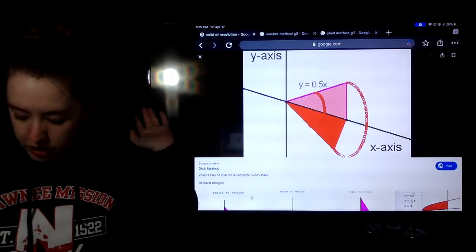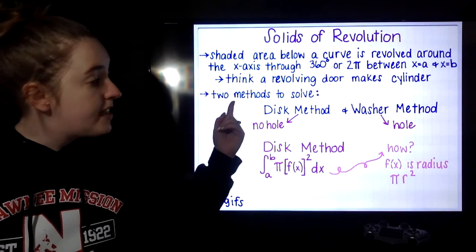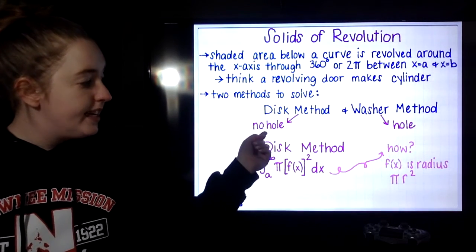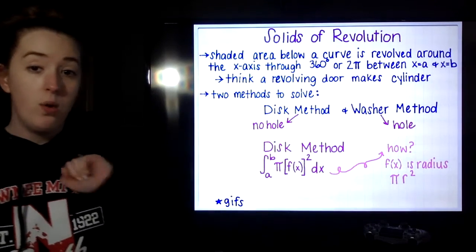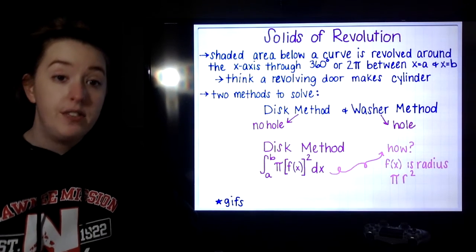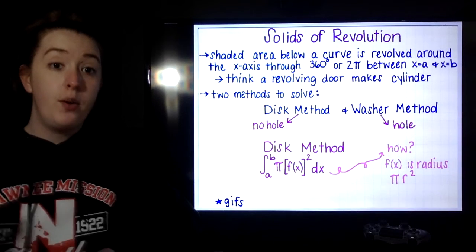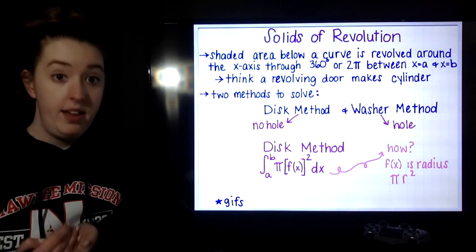Okay, so what you might have noticed back in my notes is that I said there are two methods to solve. There's the disc method when there isn't a hole, and there's the washer method when there is a hole. So there's several different methods of how to find the volumes of solids of revolution. For IBSL, we only do the disc method.